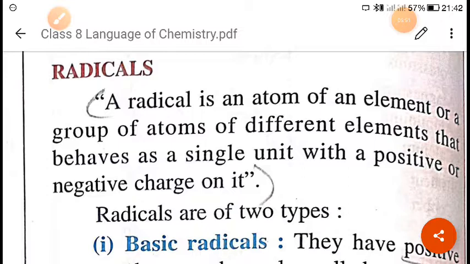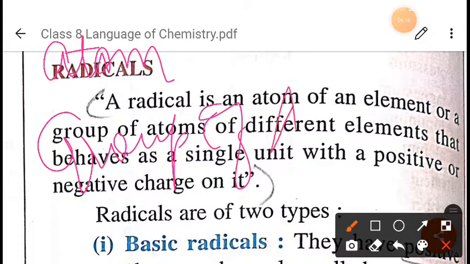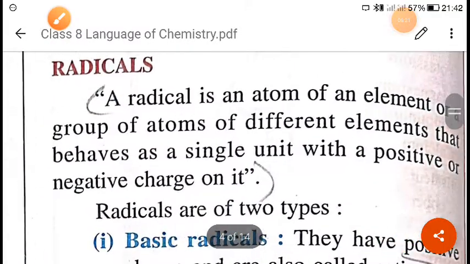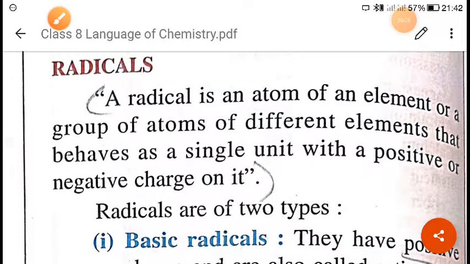Either it will be an atom of an element, or it may be a group of atoms that behave as a single unit, with either a positive charge or a negative charge on them. We will see one by one.